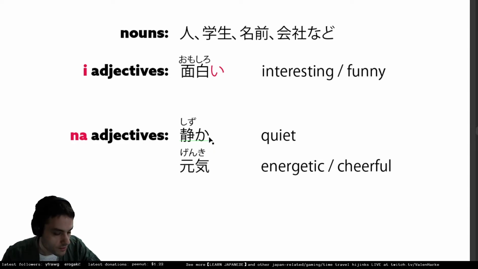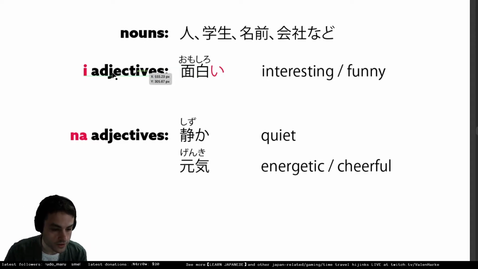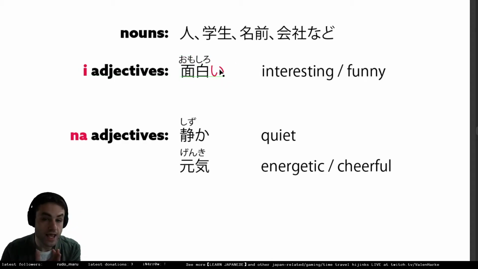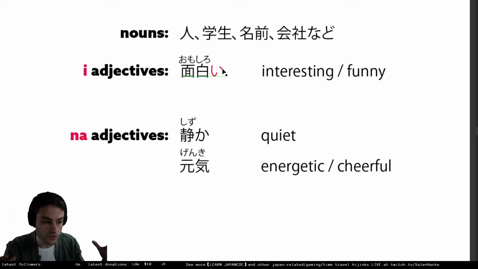Why? Because the adjective itself, for example, shizuka, which means quiet, by itself does not have na at the end. So if we looked at i adjectives, omoshiroi, this word has i in it. We do not put that i on it to attach it to the word like hito that follows it.